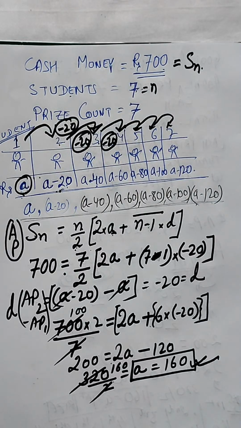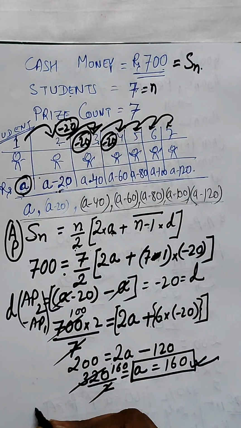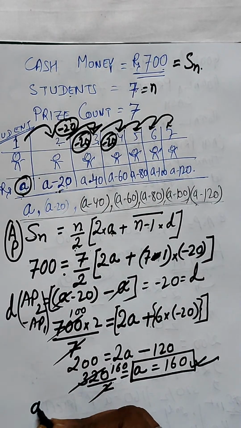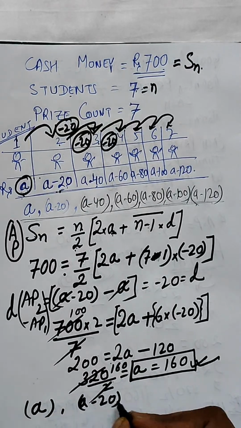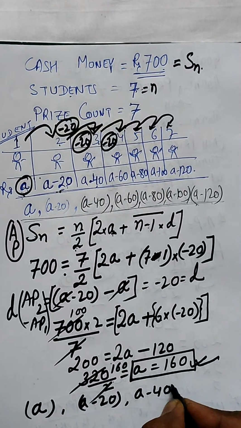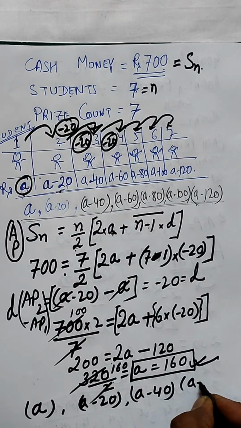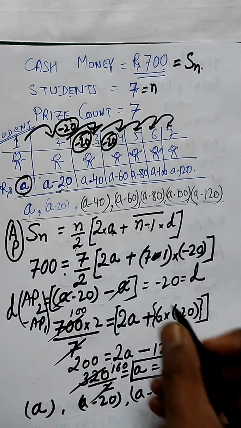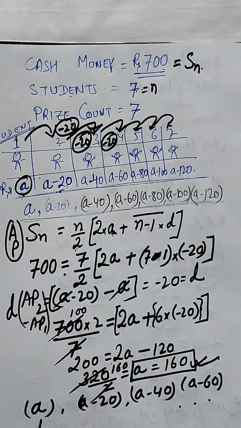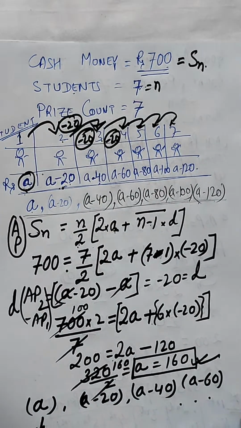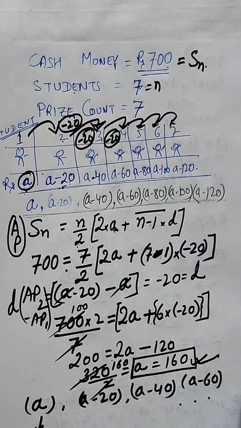So if these are the 7 students and the sequence of AP they are following is a minus 20, a minus 40, a minus 60, like that, which I have shown over here, this is the AP which is formed. So the first student will be getting rupees 160. So at least we should give a clap to that student when we are giving the prize, isn't it?